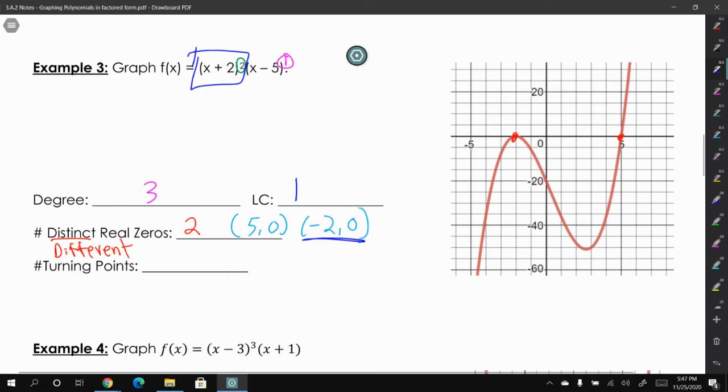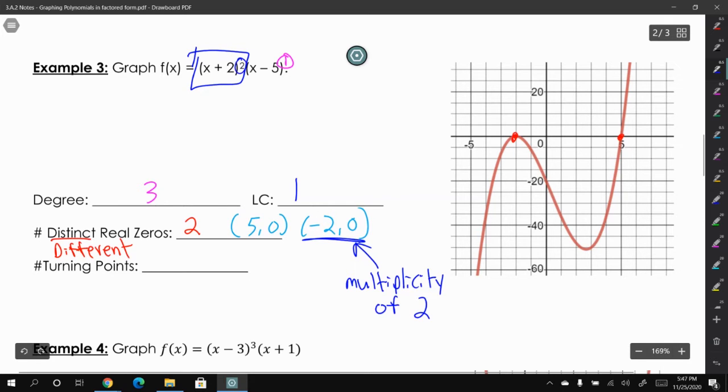So this will be a multiplicity of 2, not because the intercept is at negative 2, 0, but because our exponent is 2. And then the number of turning points, we have 1.